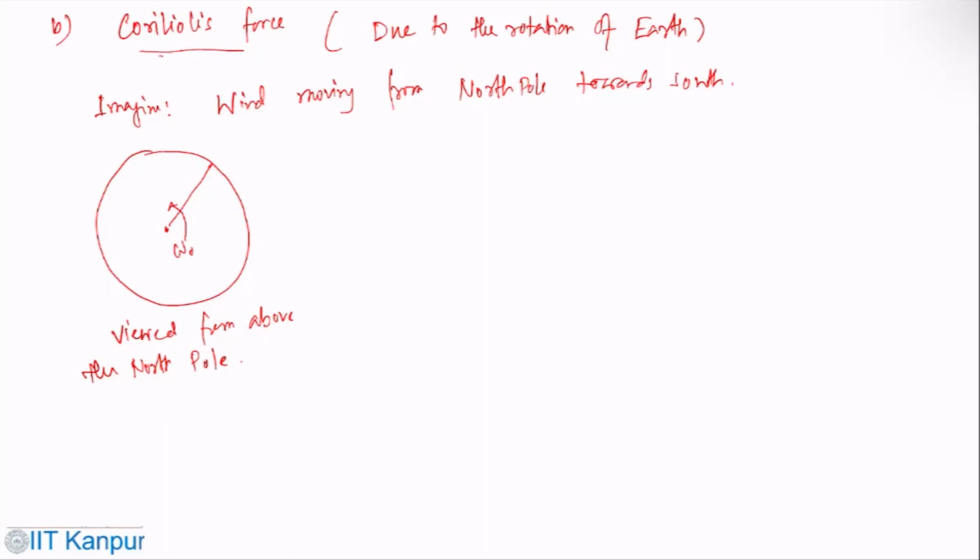Okay. What happens is that, as we said, when it is viewed from the perspective of the ground, it appears that the wind is bending or accelerating towards the right, like this. So that means wind is moving from north towards south. As it moves towards south, the ground is moving faster and faster towards the east. That's what caused this slide.